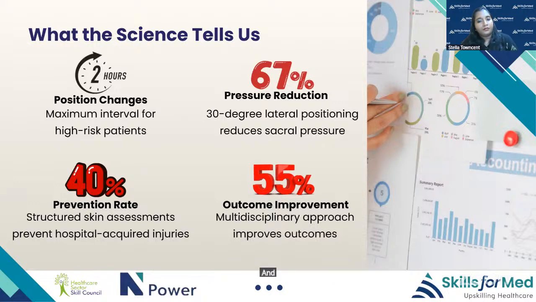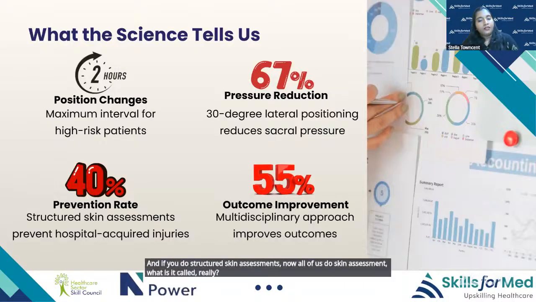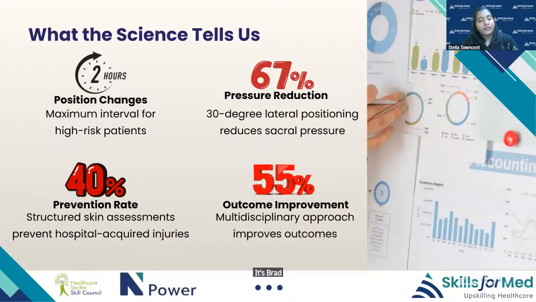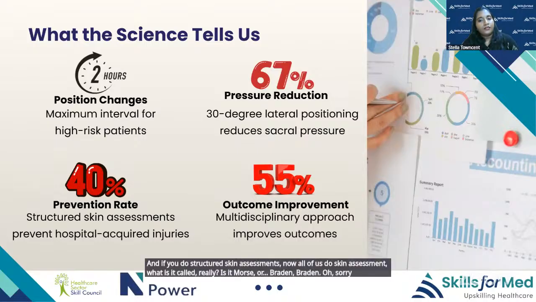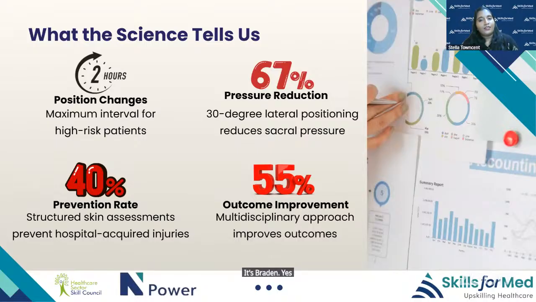And if you do structured skin assessments, now all of us do skin assessment. What is it called, Stella? Is it Morse? It's Braden. Braden? Oh, sorry, that is the fall risk, isn't it? Yes. The Braden is the very famous pressure ulcer risk scoring, and most hospitals follow this.